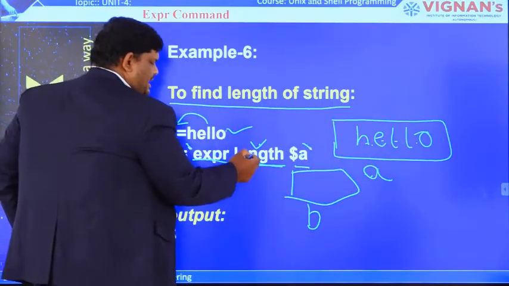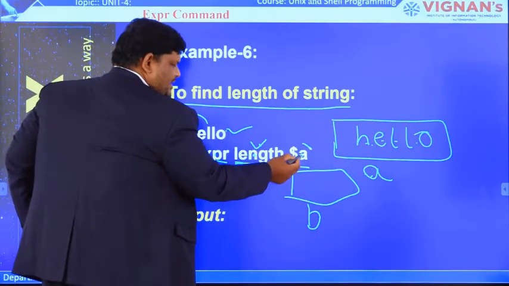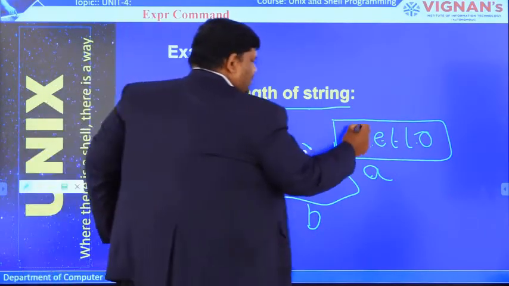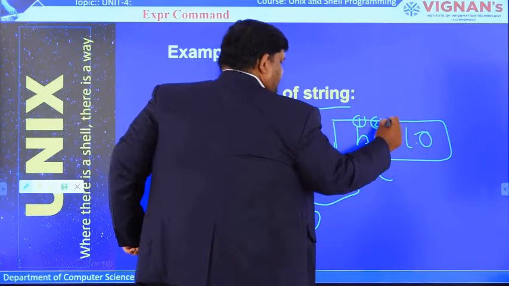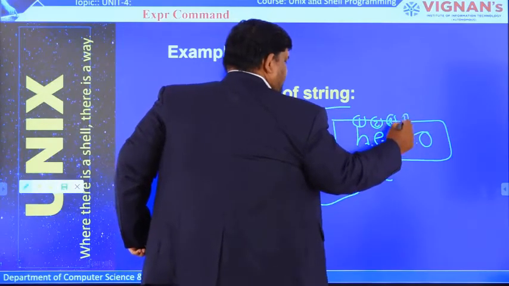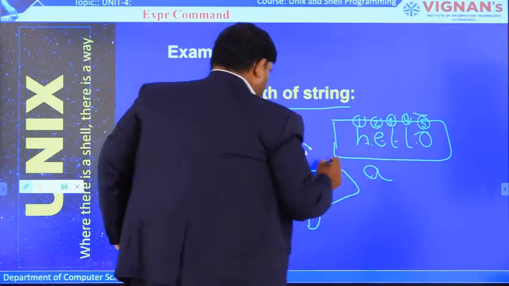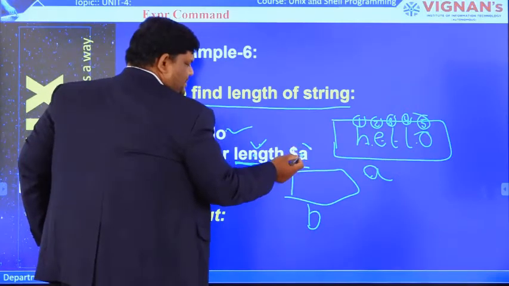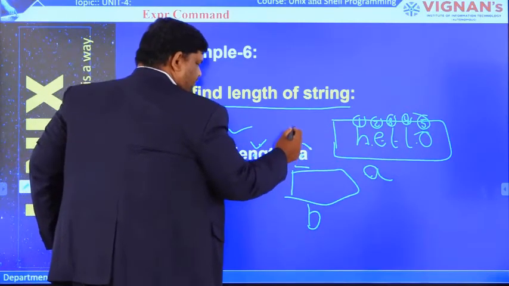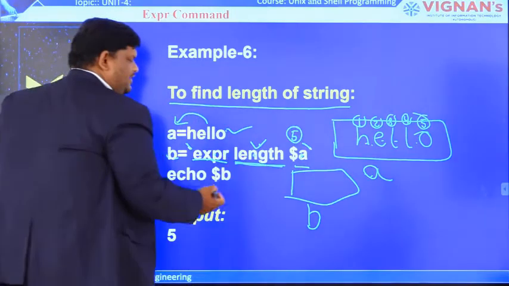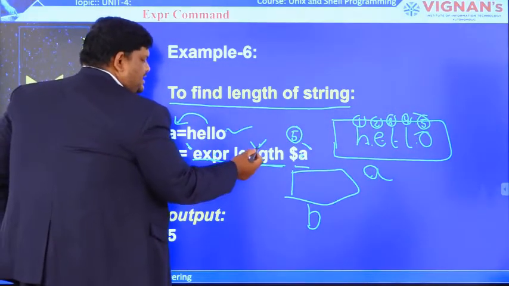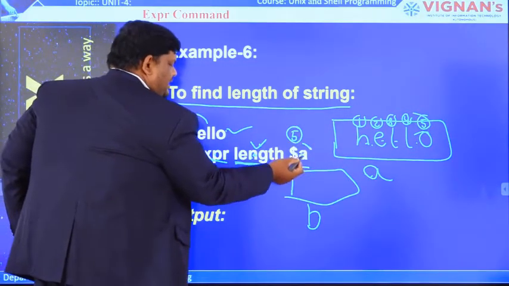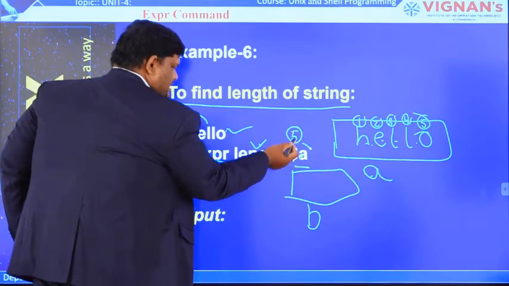So it will find out the length, that means how many characters are present in this variable. So 1, 2, 3, 4 and 5. In total 5 characters are present, and the value 5 is obtained with the help of this length. So the answer is 5.